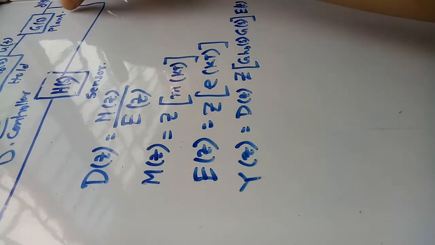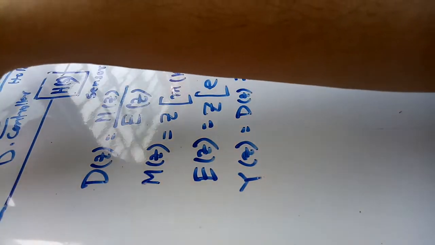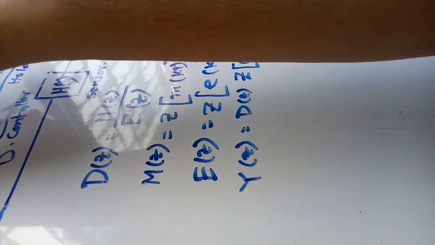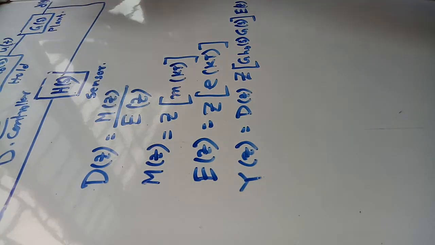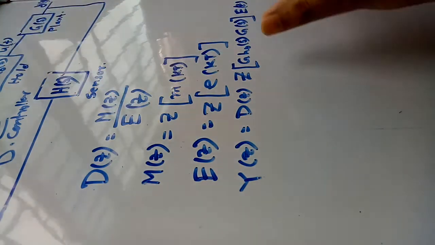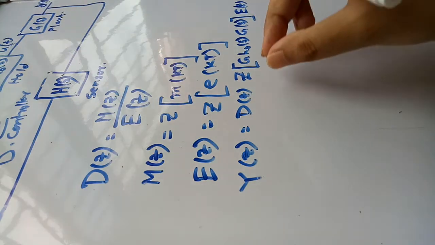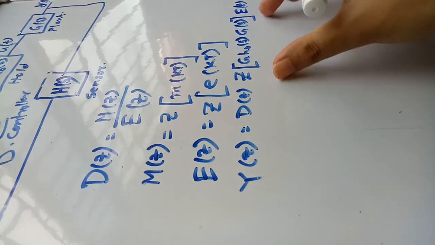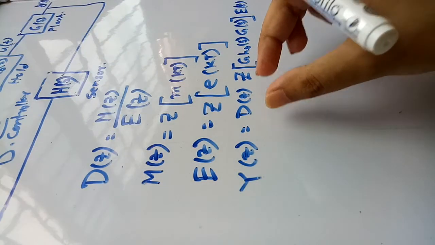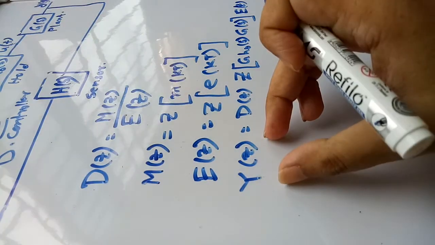Y of Z. Y of Z is this multiplied by this multiplied by this, E of Z. So E of Z is acting as an input, Y of Z is the output, but it is in the Laplacian domain, so whatever there, G h of S into G of S, we will take the Z transform. This term multiplied with this D of Z multiplied with the input, equal to your output.